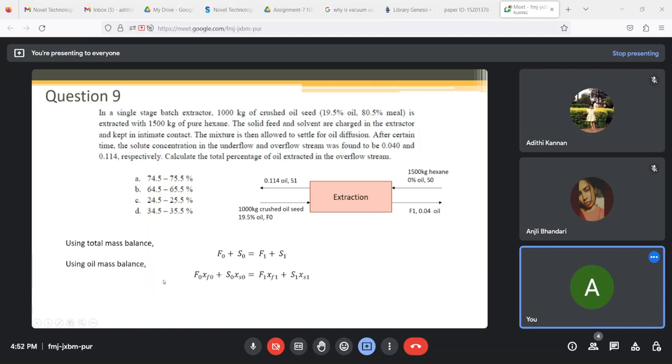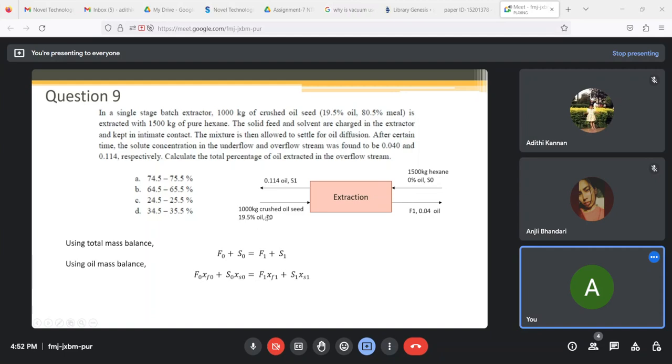And the oil balance is F0 into XF0, where XF0 is the solute concentration in the feed stream, plus S0 into XS0, which is equal to F1 into XF1 plus S1 into XS1. Here X stands for the concentration of the solute, that is the oil, in each stream.